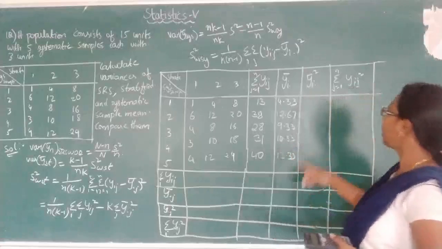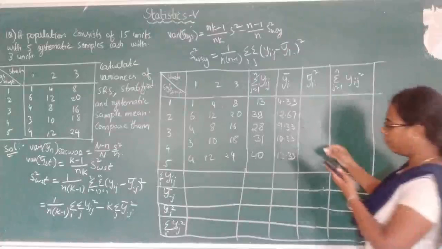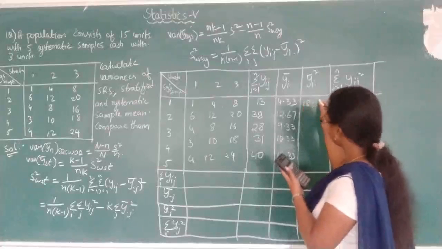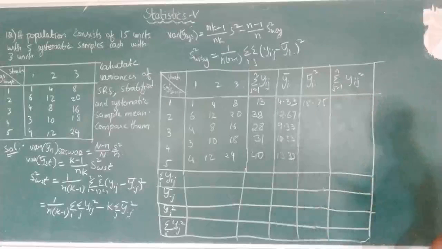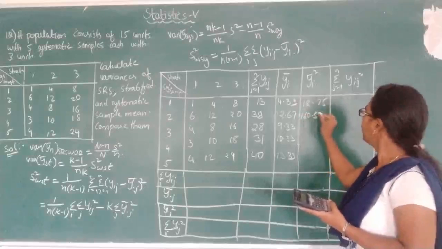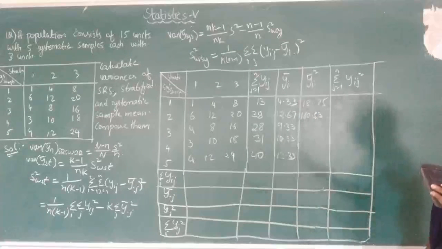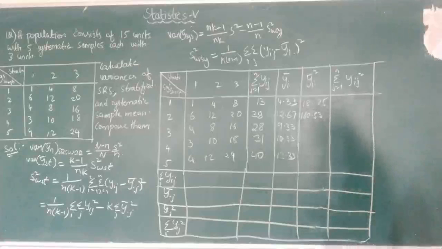After getting these values, Yi dot bar square: 4.33 square, you will be getting 18.75, rounding off to 2 digits. Next, 12.67 square, you will be getting 160.53. Similarly, 9.33 square, you will be getting 87.05. If you round off, you will get 87.11.